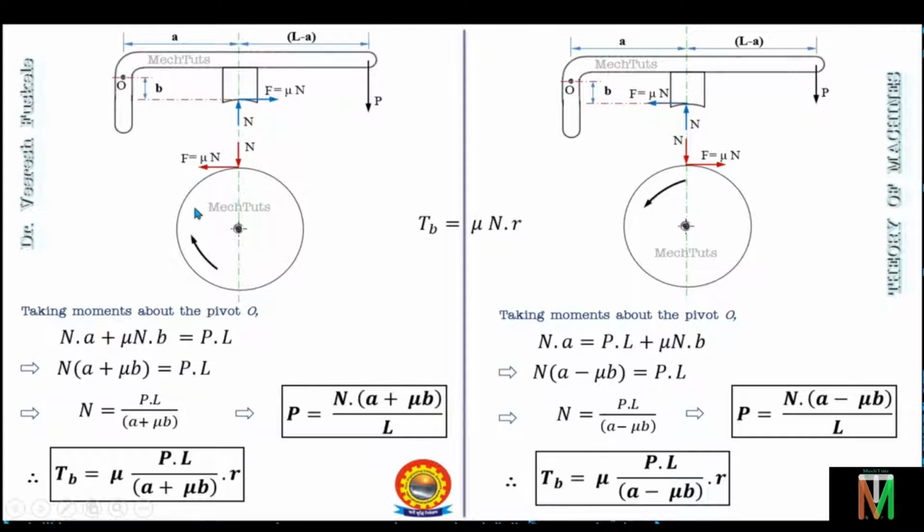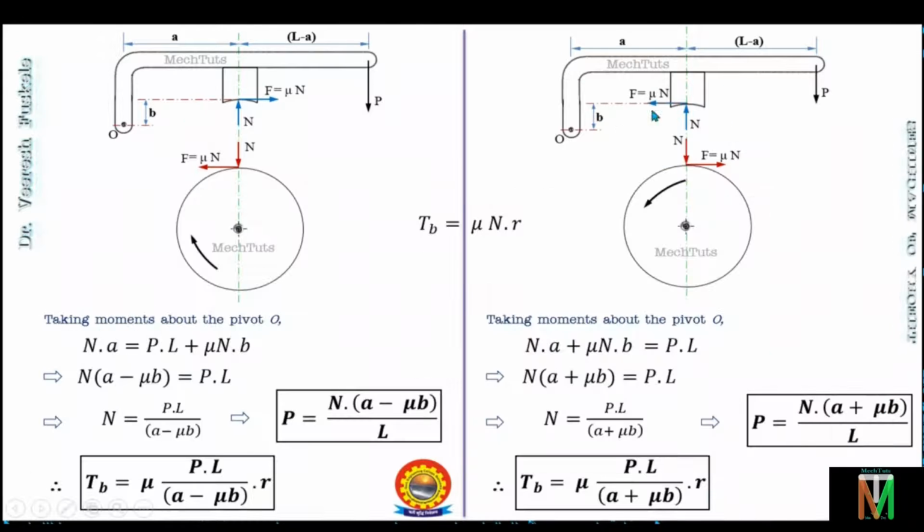The only difference is the direction of rotation of the drum. In that case, we got the positive term for clockwise rotation and the negative term for anti-clockwise rotation, whereas when the fulcrum point is below the line of action of the friction force, we got the negative term for clockwise rotation and the positive term for anti-clockwise rotation. So these are just opposite.